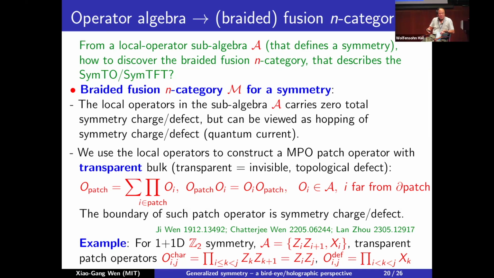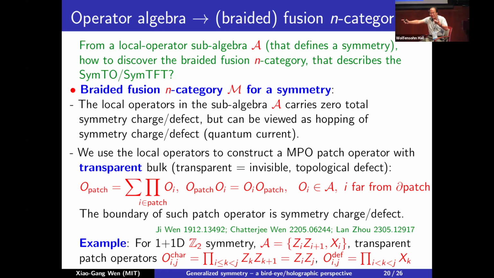And the most important thing to recover the fusion category is to recover the charge itself. What is a charge? If you know the hopping operator of a charge, how do you recover the charge itself? One way is to link many hopping operators together.